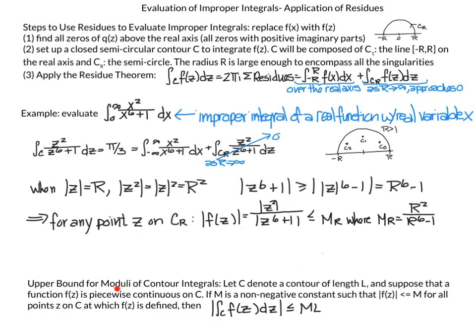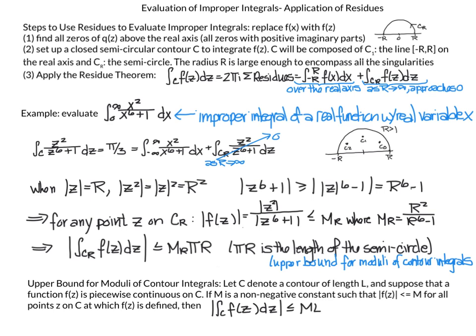By our upper bound for moduli of contour integrals theorem, this will imply the modulus of the contour integral over C sub R of f of z dz is going to be less than or equal to M sub R times the length of this curve. And we had noted the length of the upper semicircle is pi R.